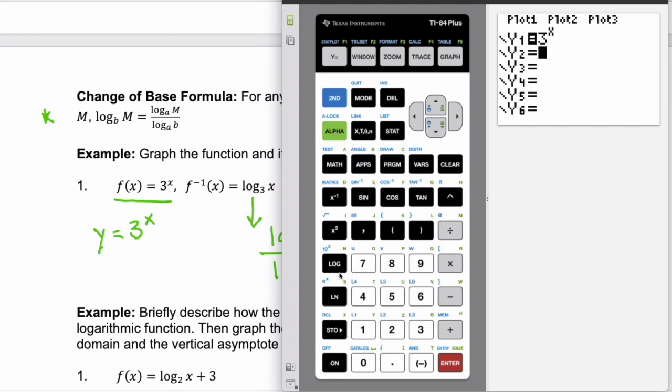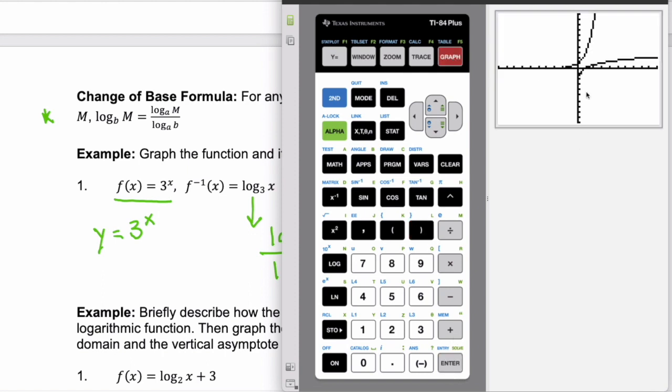Then I like parentheses, log of x for our first, that's our numerator. We need to close the parentheses twice. Divide, and I'm going to do parentheses again, log of 3, and close the parentheses twice. That's our second graph. Now we can hit the graph button, and see it drew both of those functions for us.